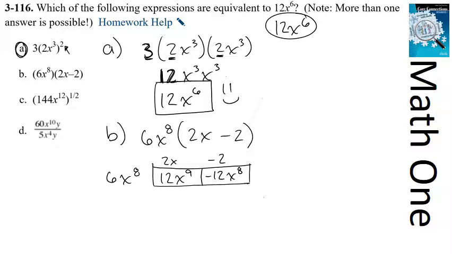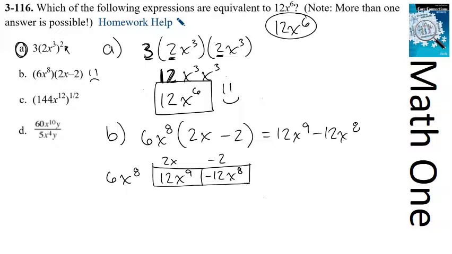One's got 9 factors of x, and the other one has 8 factors of x. So I cannot combine those. So the best I can do is just write this as 12 times x to the 9th power minus 12 times x to the 8th power. And this is not equivalent to 12x to the 6th.